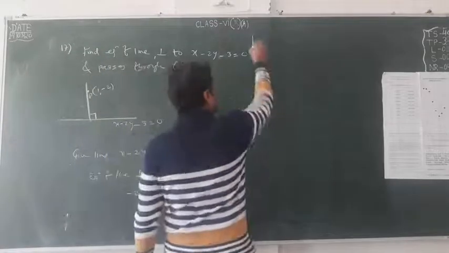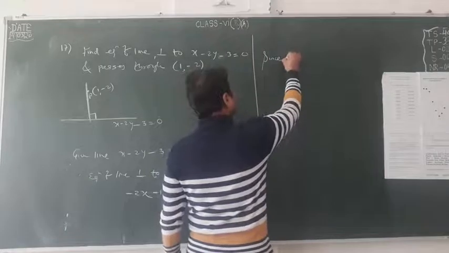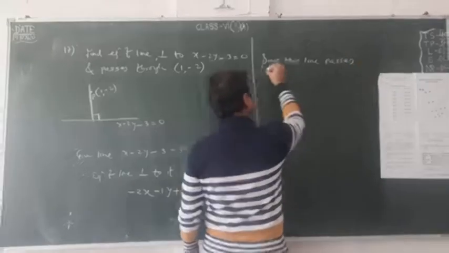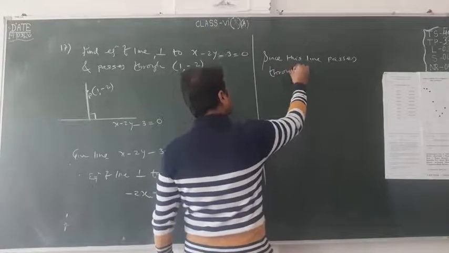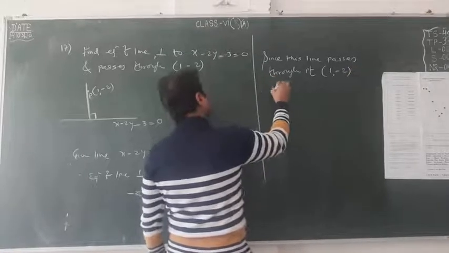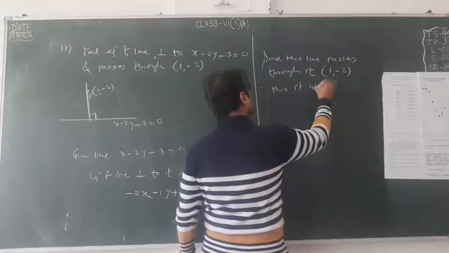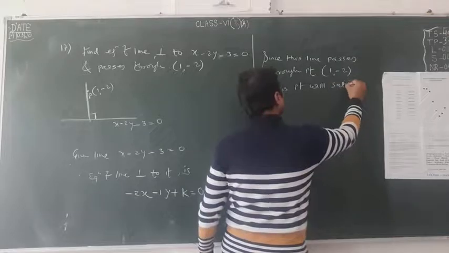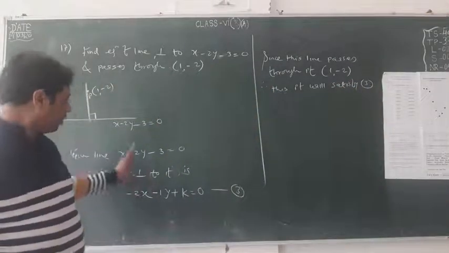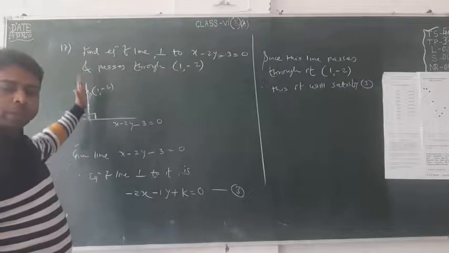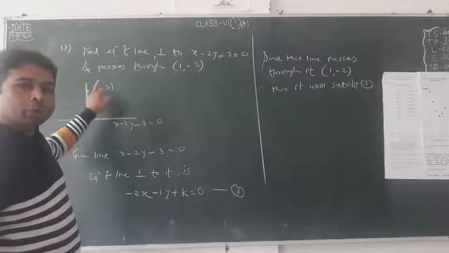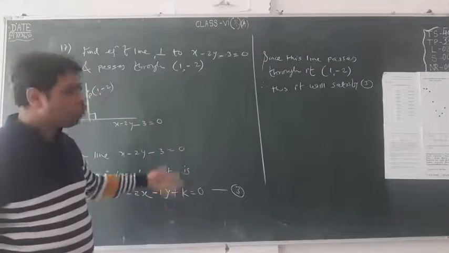Since this line passes through the point 1 and minus 2, this point will satisfy equation 3. This is the line we got, and this line is passing through 1 and minus 2, so this point will satisfy it.